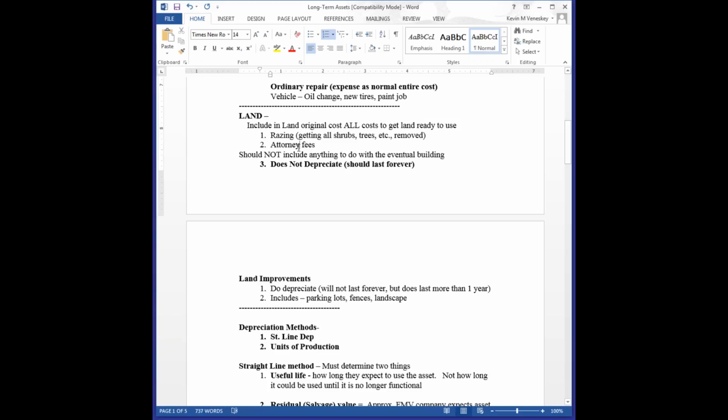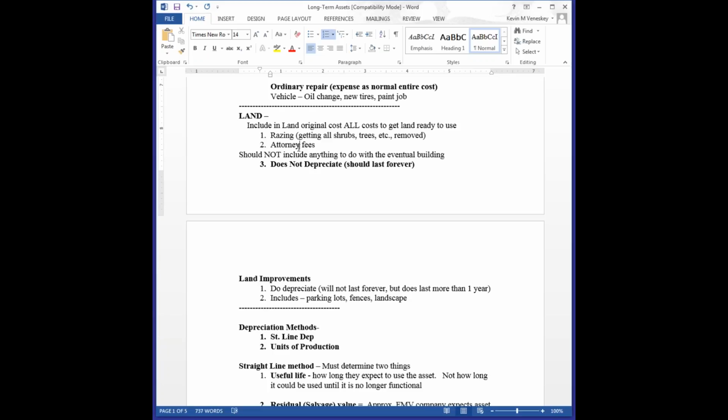For example, if we bought a piece of land for $4,000 and then had a $500 legal fee to make sure all the paperwork was in order, I would put that land on my books as not just $4,000, but $4,500, because I'm incorporating that legal cost into the price of the land instead of expensing it right then. Because I'm probably not going to have that legal type cost year in and year out.